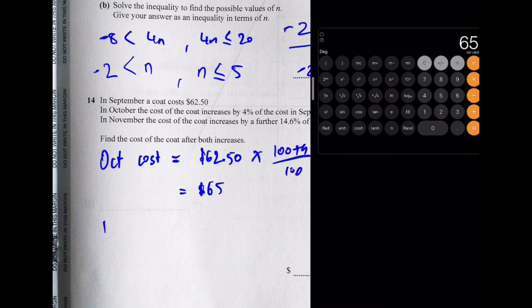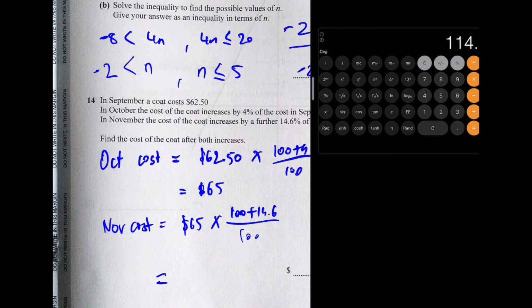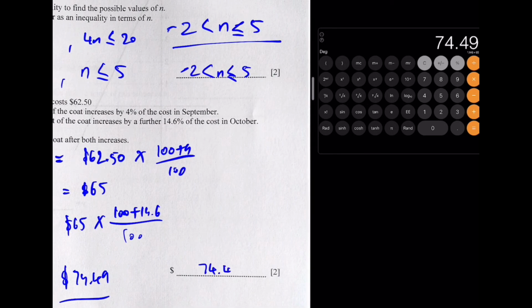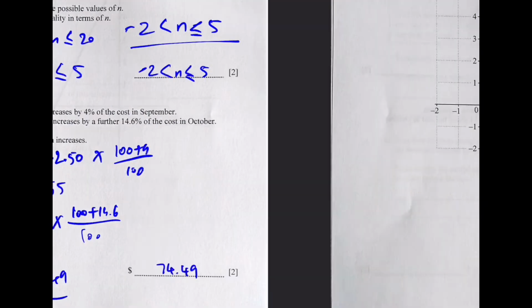Now, the cost in November will be 14.6% increase of this, so $65 times 100 plus 14.6 by 100, that will be 114.6 divided by 100, and then times 65 to get $74.49. That's the answer. Let's go question 15.